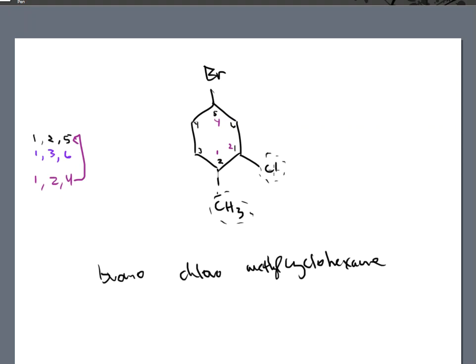But just because of the way this is ordered, my numbering can become a little bit better if I start the numbering at the methyl group and not at the chloro group. And the numbering system here kind of trumps some of that other stuff. So at spot 1, this is my methyl group. And then at spot number 2, I have a chloro group. And then at spot number 4, I have a bromo group. And that is the reason that it is numbered that way.